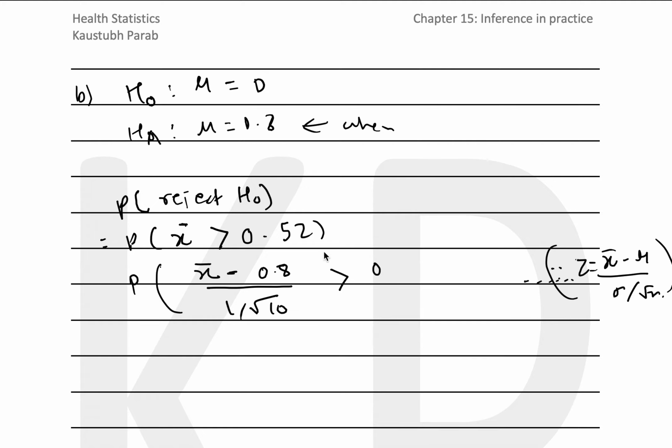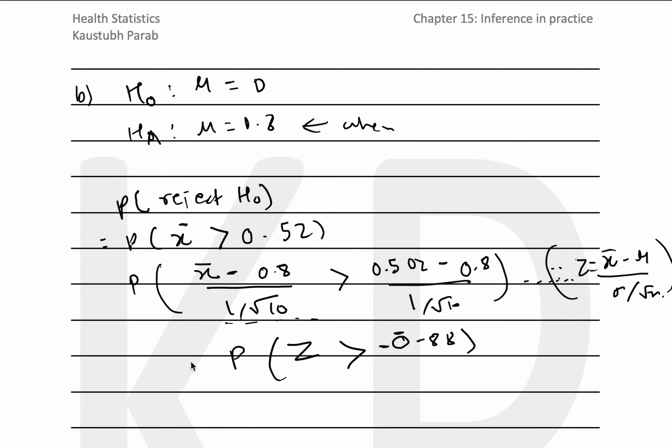So this should correspond to 0.5202 minus, again that's the x bar, and mu is again 0.8, because we are saying that we are rejecting the null, and the rest of the things remain the same. If you solve this particular part, you are going to get the answer as negative 0.88, and that's nothing but the z critical value.